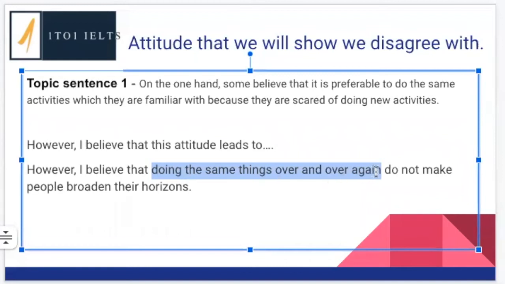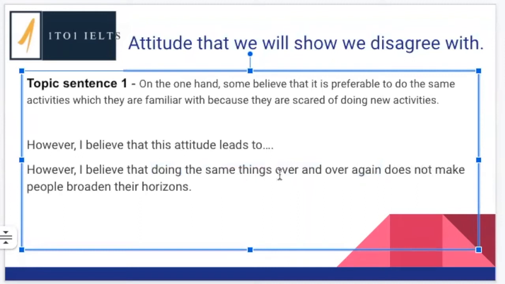Singular. So remember, if you've got a noun phrase, which is your subject, and remember your subject's always a noun phrase, and your noun phrase starts with a gerund, it's considered as singular. So here's subject verb agreement.